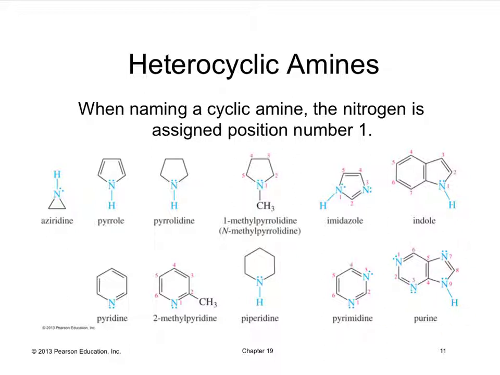Purine has kind of odd ring numbering. You just have to know which nitrogen to number from. It's the farthest one on the left, and then it goes 1, 2, 3, 4, 5, 6, finishing one ring off, and then 7, 8, 9.